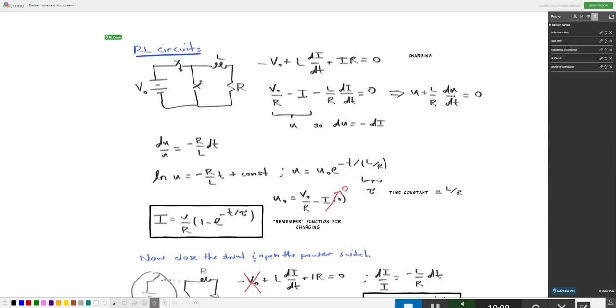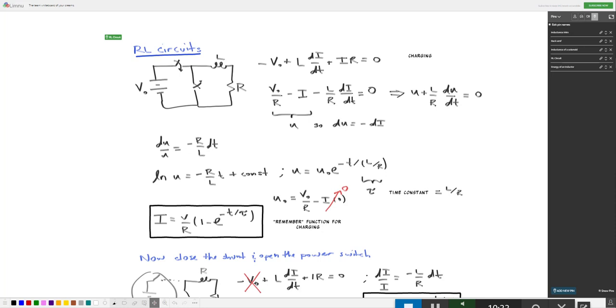So minus V naught, because I start at the minus terminal of the battery, plus the voltage drop across the inductor, which is L di dt, V equals L di dt for the inductor, and V equals IR, which is Ohm's law, tells us the voltage dropped across the resistor. So I just sum the two voltage drops across these components, and I know they have to be equal to the voltage supplied by the battery.